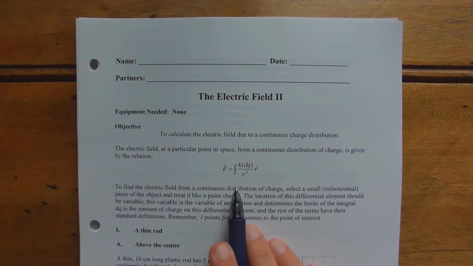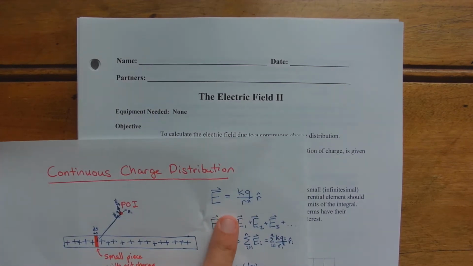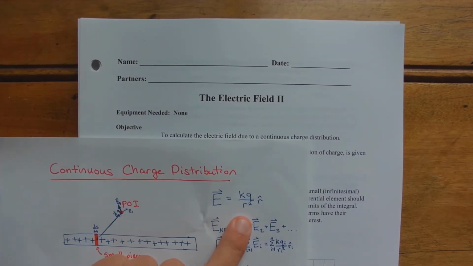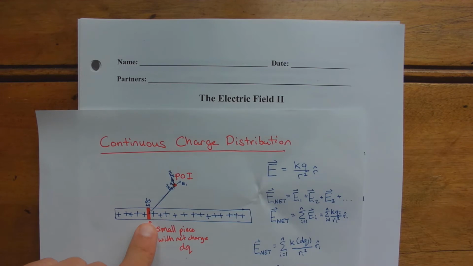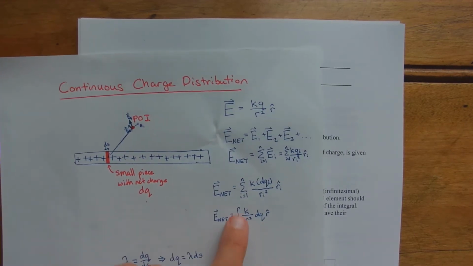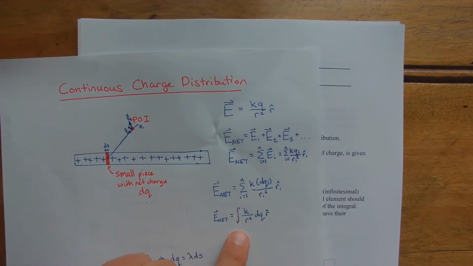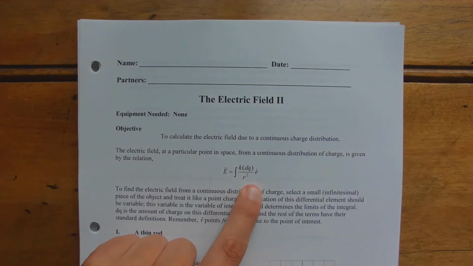We have our equation here for the electric field, and remember this came from the first equation that we had for the electric field. Then we made a small piece with an infinitesimally small charge dq, and said if we add up the charge from each small piece and make the dq really, really small, then it becomes an integral, and that gives us this equation here.